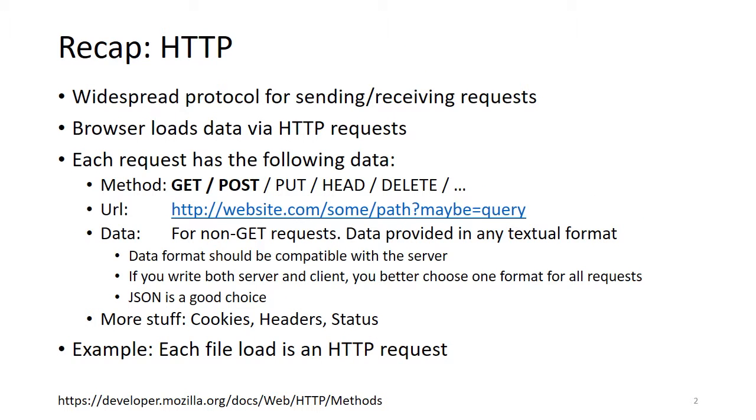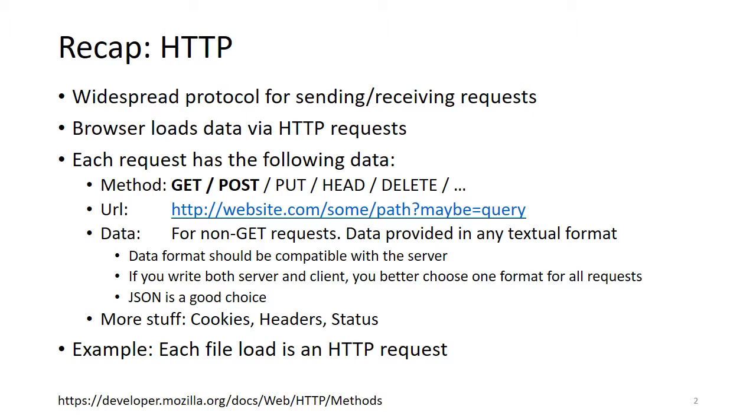What we did yesterday, we talked about the HTTP protocol. It's a set of rules which browsers and servers use to talk to each other. The main part of HTTP is the message that is sent via HTTP, which is defined by some stuff that is put in this message.